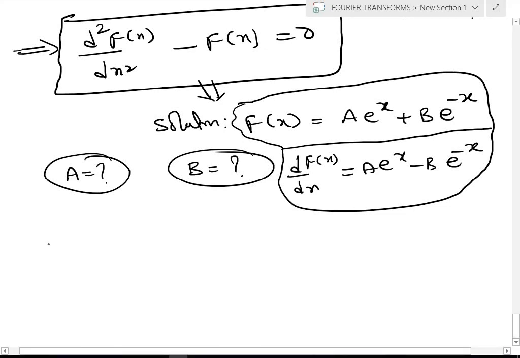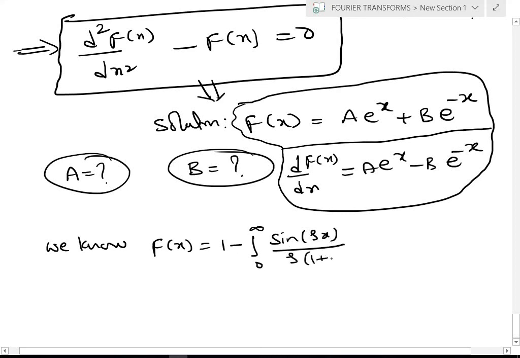So check here. We know from above what f(x) I have taken: that is 1 minus integration from 0 to infinity of sin(sx) divided by s into (1 plus s²) ds. Suppose I put x equal to 0.